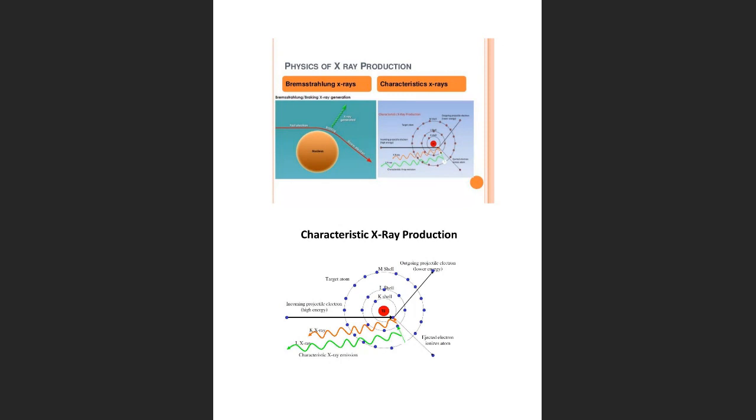So again, this is just another diagram showing you, there's your K characteristic photon, and here's your L X-ray photon. The only one that is considered to be useful in diagnostic X-ray is the K characteristic X-ray photons, because again, those would have energies of between 57 keV and 68 keV.